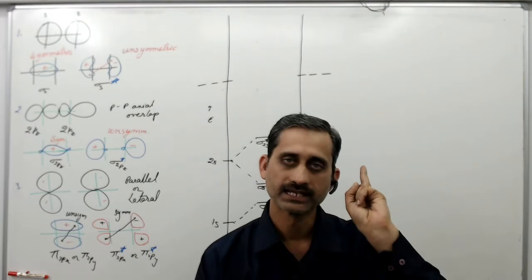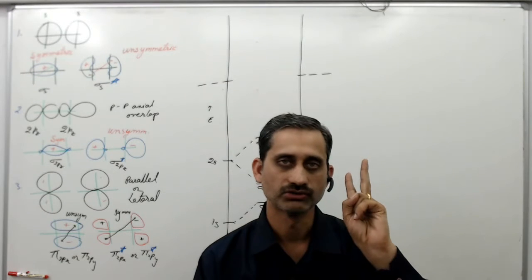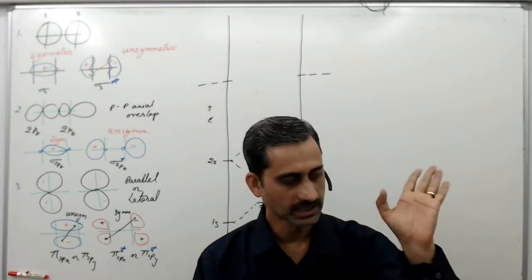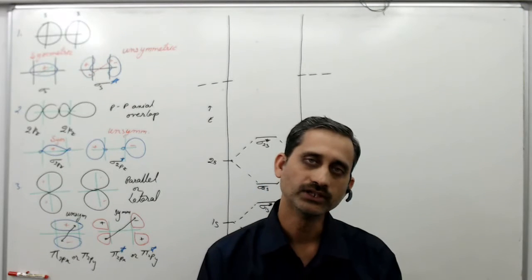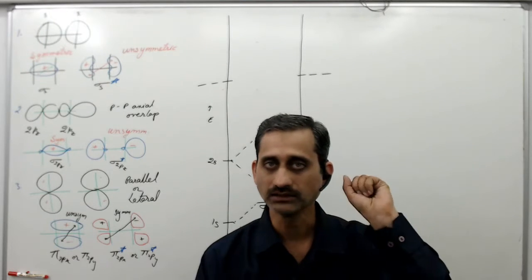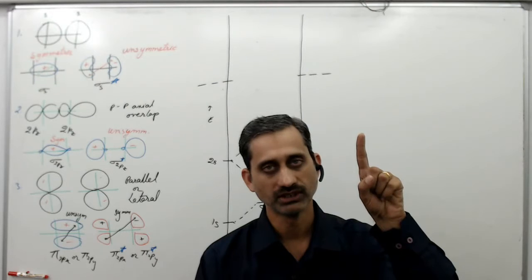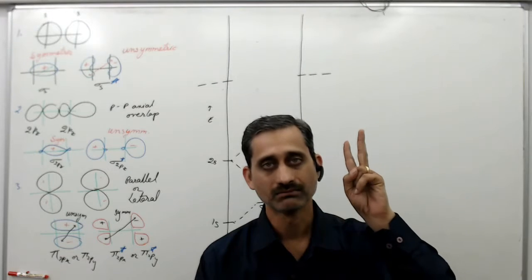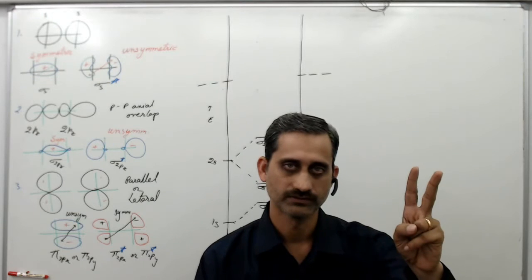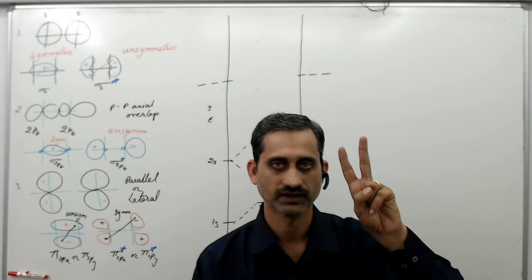And second, they must have similar energy. That's what we had written. For any two orbitals to merge with each other, they must satisfy two conditions. One, they must have a common probability region. And second, they must have similar energy.